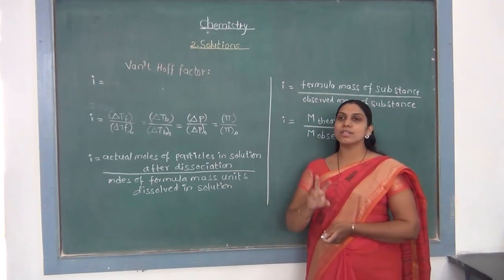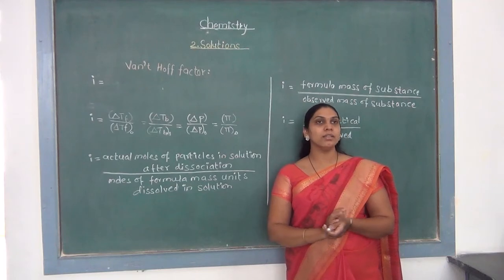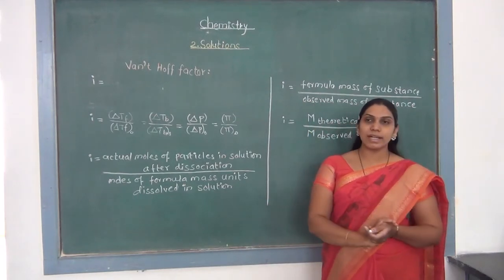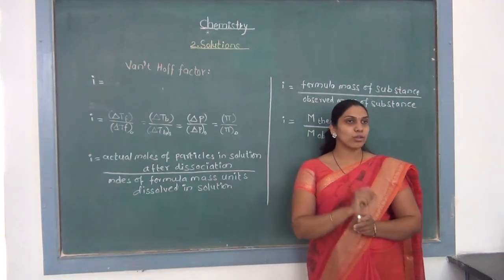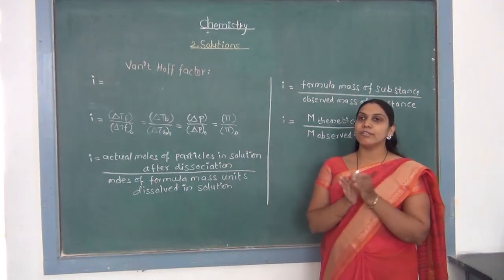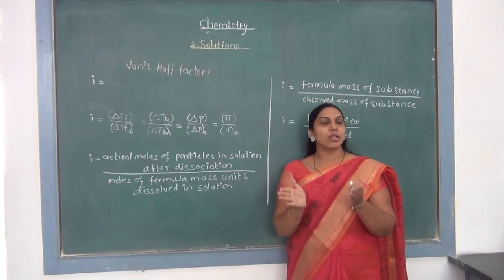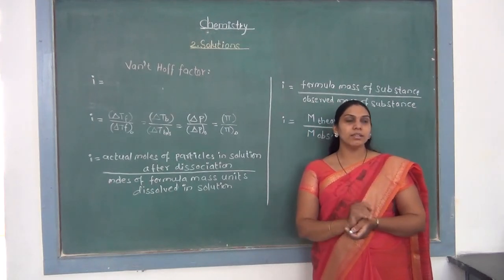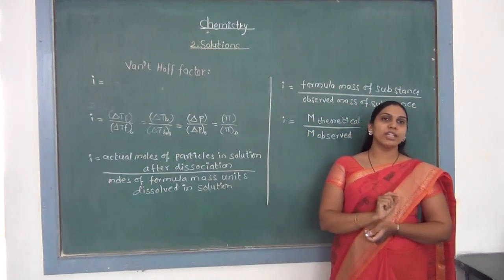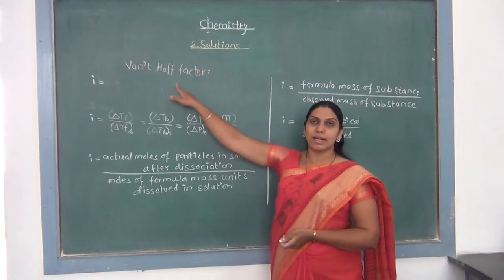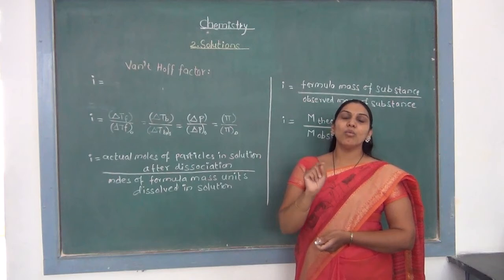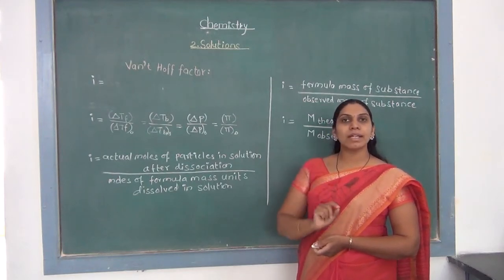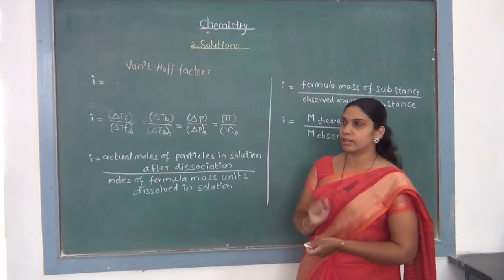If two solutions having the same concentration are taken, one of an electrolytic substance and another of a non-electrolytic substance, and if we calculate their colligative properties, then the ratio of these two colligative properties is called the Van 't Hoff factor, that is i. So now we will write the mathematical expression for the Van 't Hoff factor.